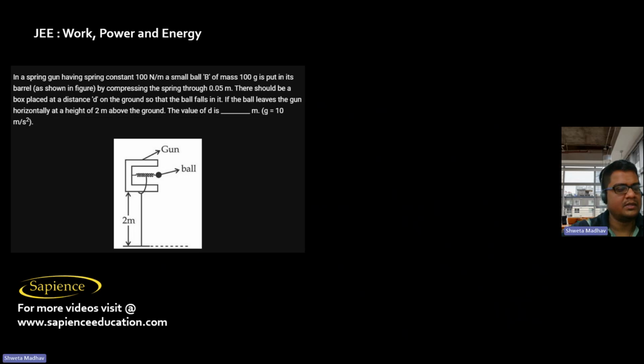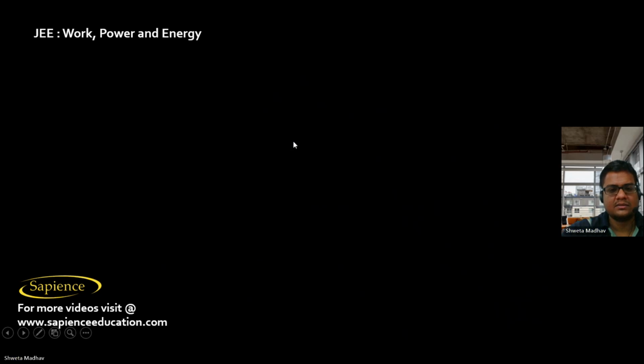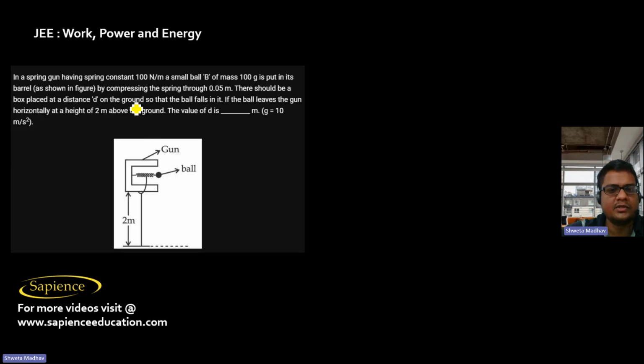Then here it is told in a spring gun having spring constant 100 Newton per meter, a small ball B of mass 100 gram is put in its barrel as shown in figure by compressing the spring through 0.05 meters.